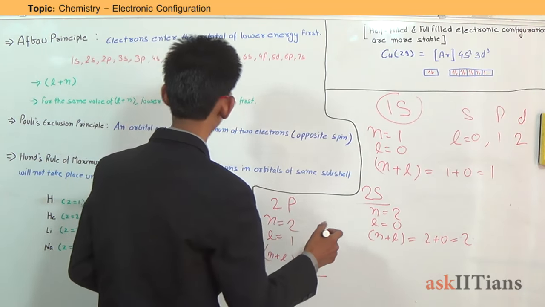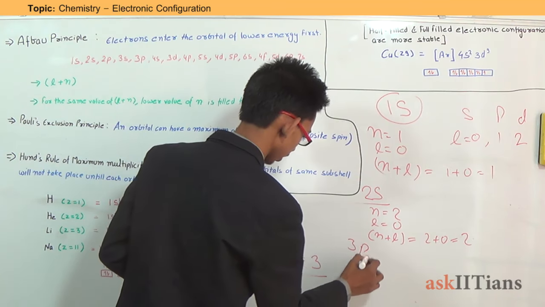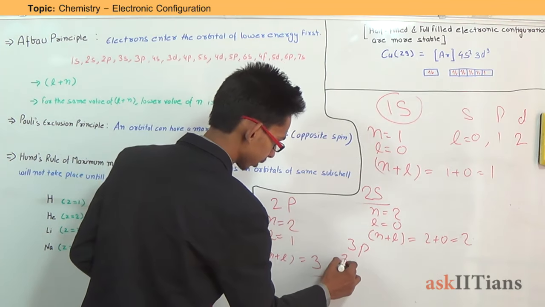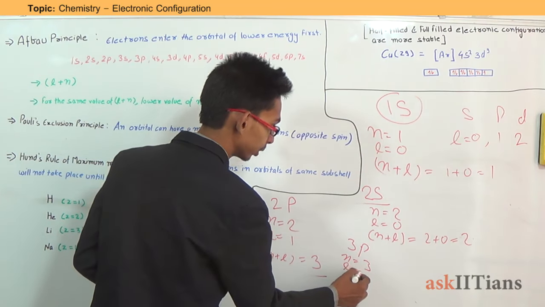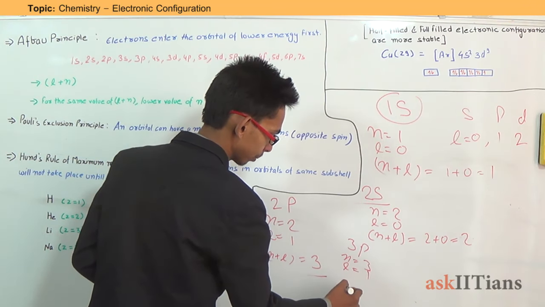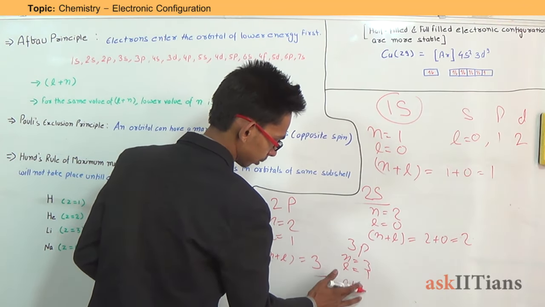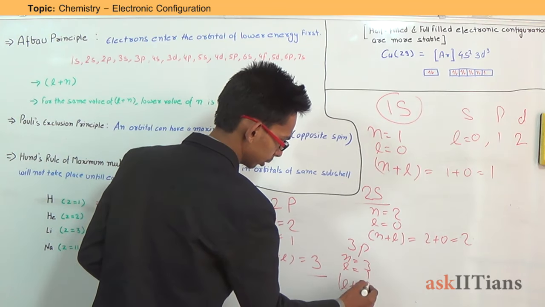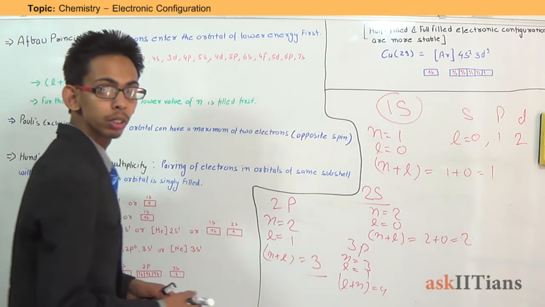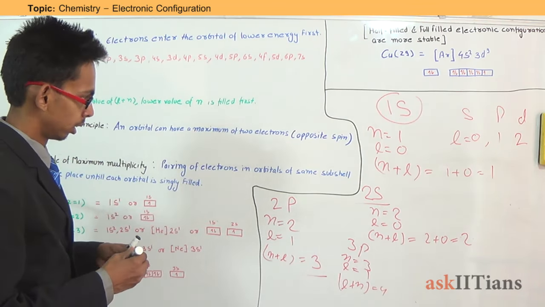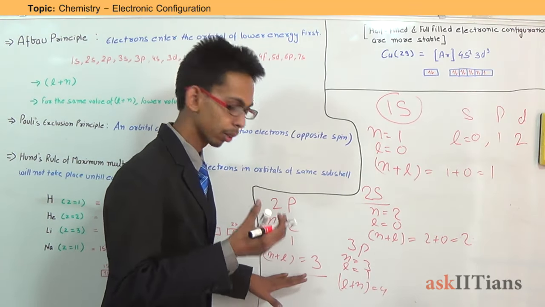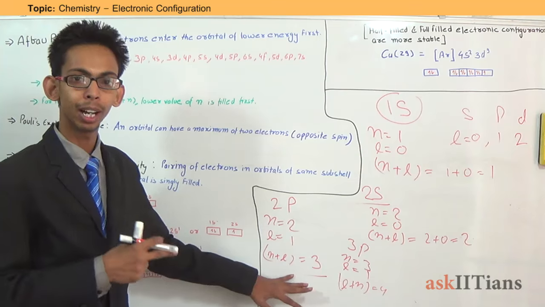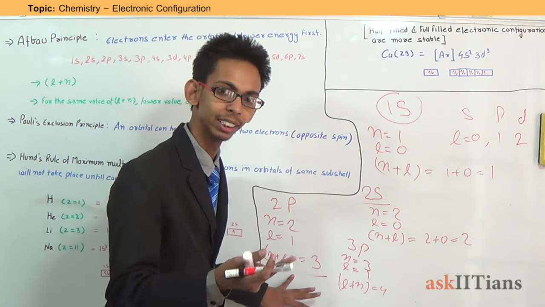And now if we talk about 3p, n is equal to 3 and l is again 1, so n plus l is equal to 4. This means that the particular subshell or orbital which has the higher value of n plus l will be of higher energy.